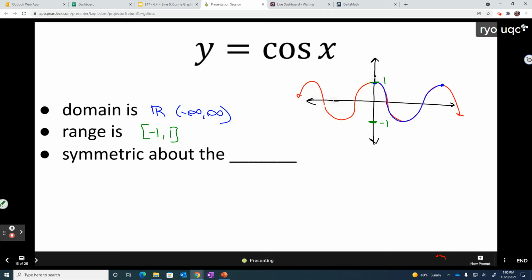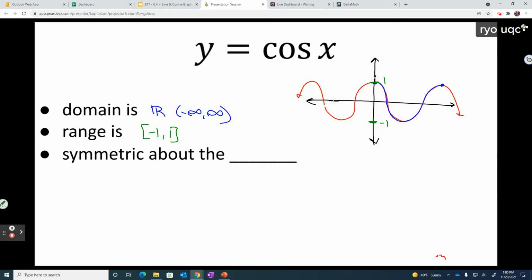Think for a second about which axis this would be symmetric about. Yeah, the y-axis. Y is here. Flip it over and it matches up exactly. It is symmetric about the y-axis.